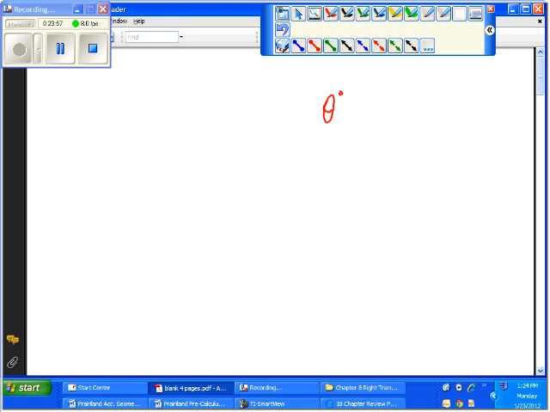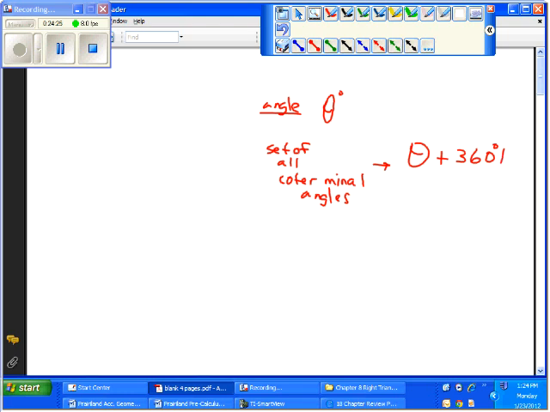If my angle is theta degrees, then the set of all coterminal angles is what? Theta plus 360k, where k represents a positive or negative integer, right? That means we could rotate clockwise or counterclockwise.